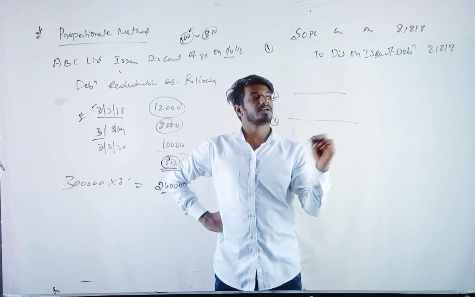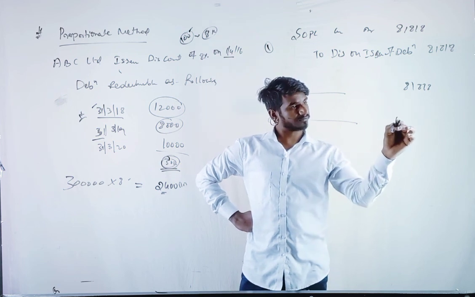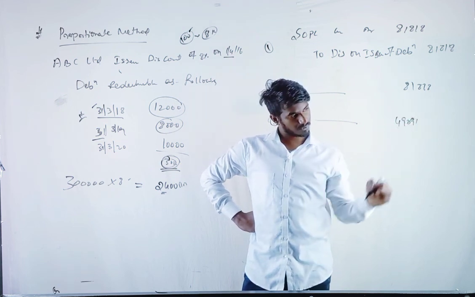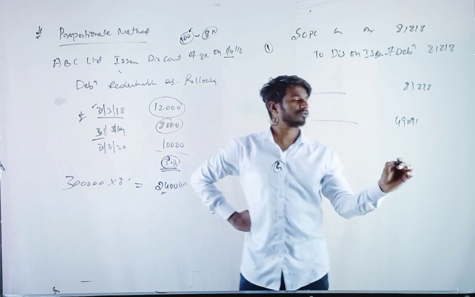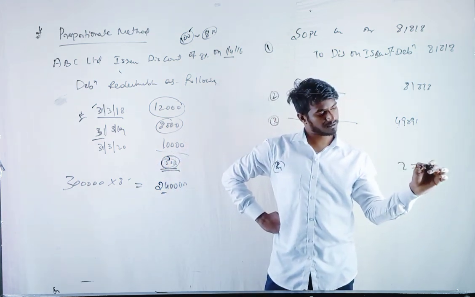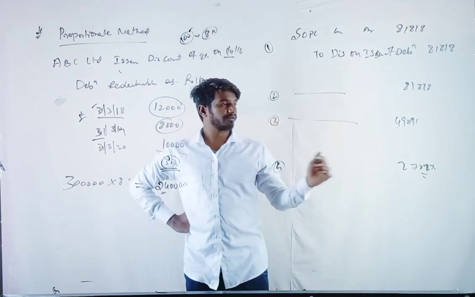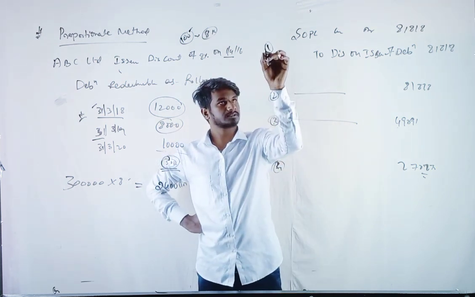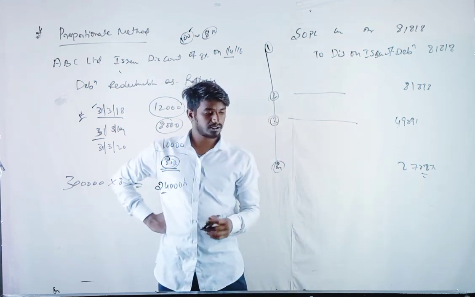Third year also same entry, but the amount changes to 49,091. In the fourth year 27,272. Whatever amount, in the fourth year also same entry.